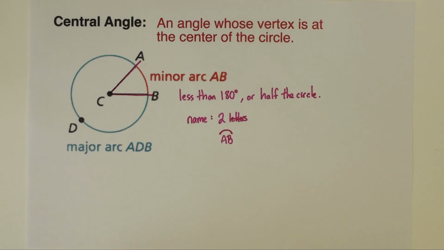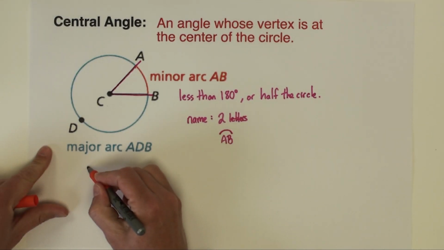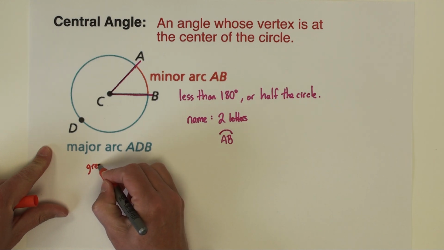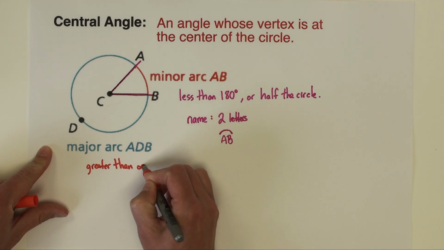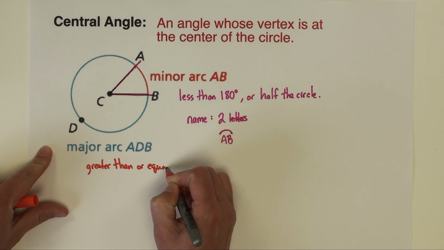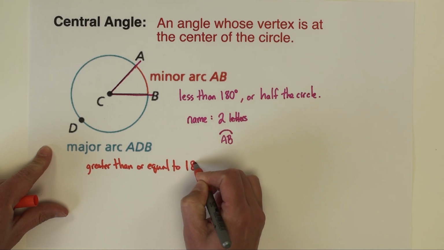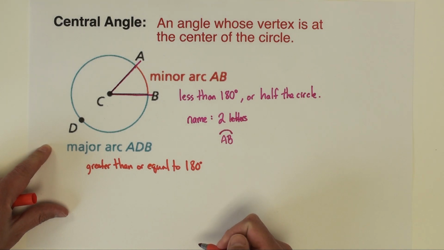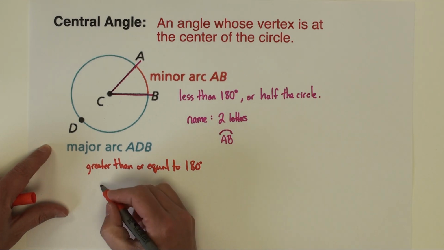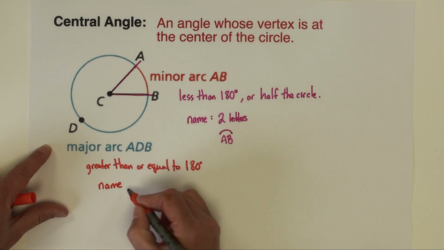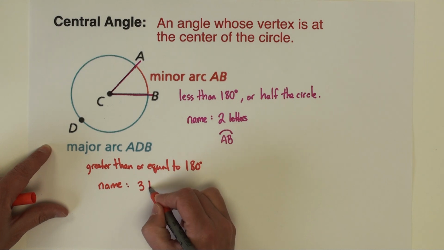Now, in contrast to a minor arc is a major arc. A major arc has to be greater than or equal to 180 degrees. So it's more than half the circle. Now, when we name a major arc, we're going to use three letters.